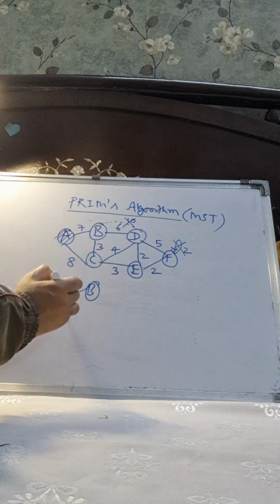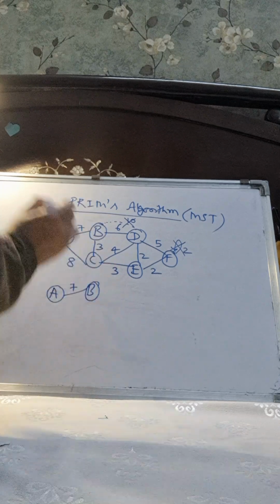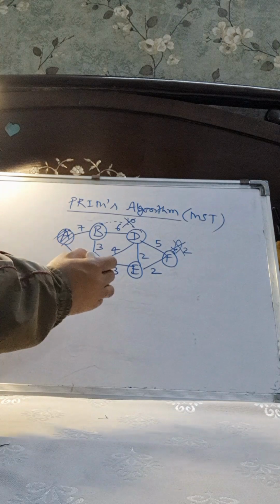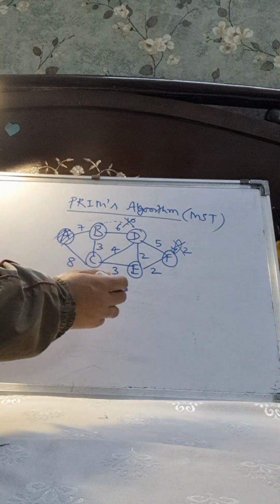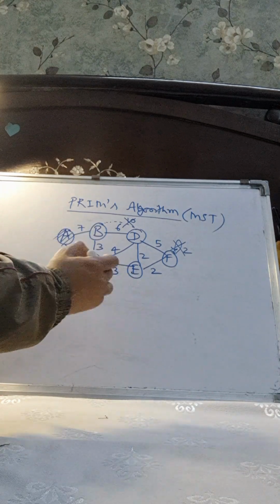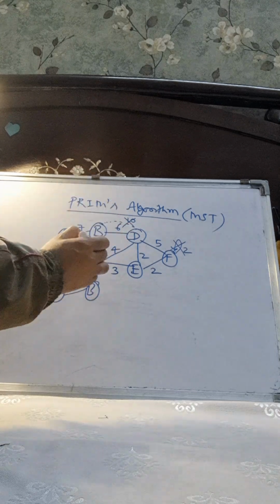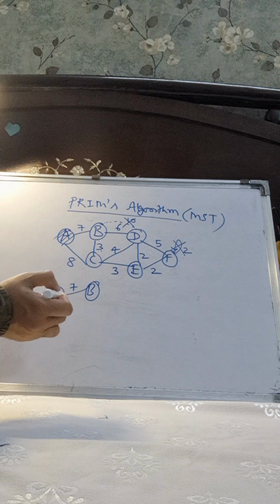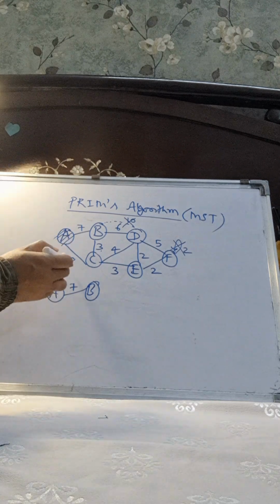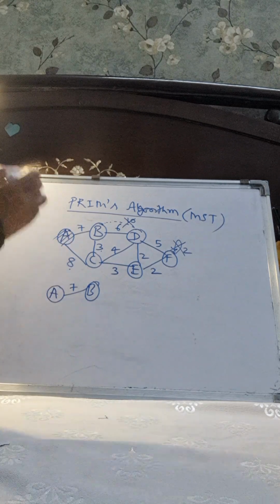Now from A as well as from B, we will see which edges have what cost. From B, one edge has cost 6 and one edge has cost 3, and from A, we have cost 8.